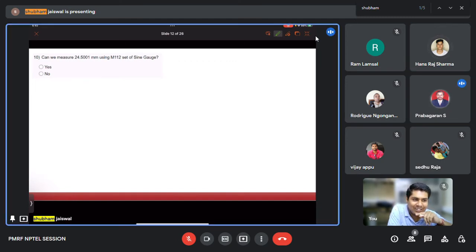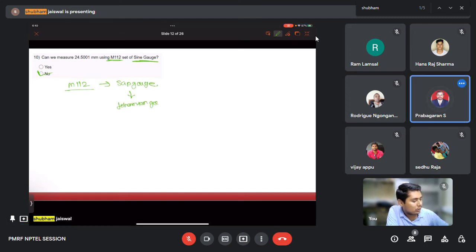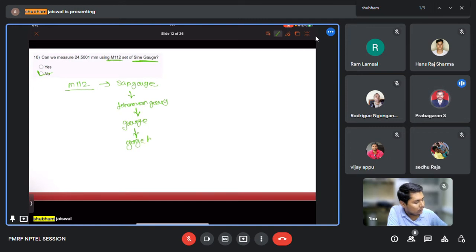Okay, so the correct answer is no. Why? Because M112 is a set of slip gauges, and here they are asking about the sine gauge. A slip gauge can also be called a Johansson gauge or gauge block. But they are asking about the sine gauge.